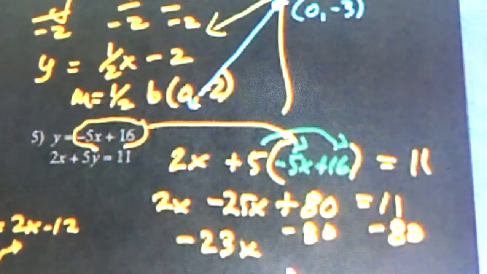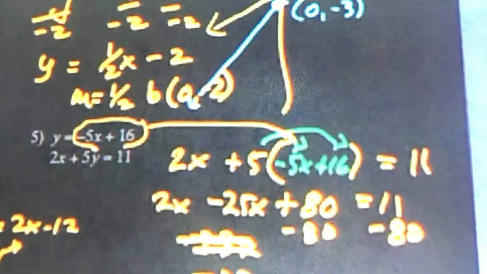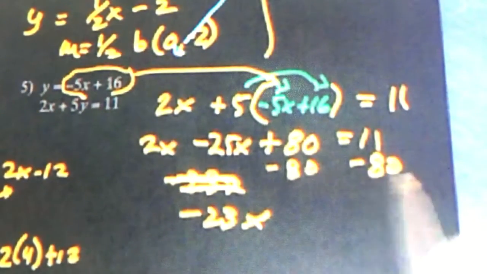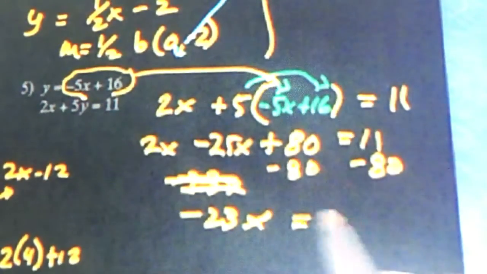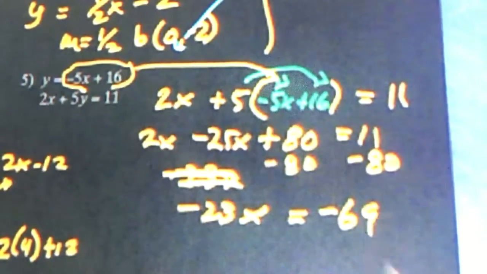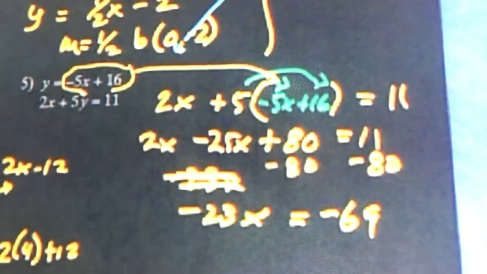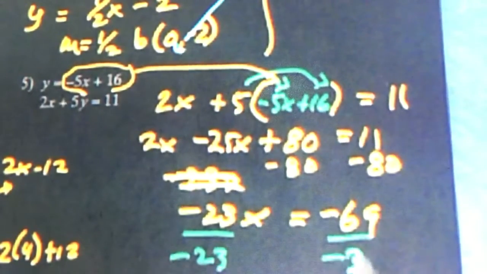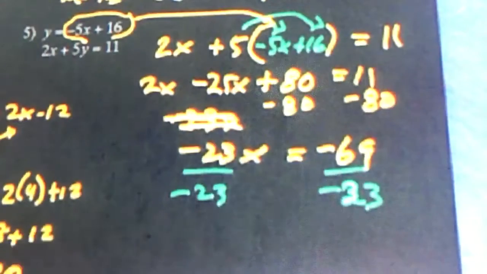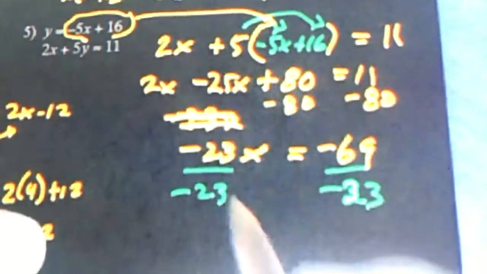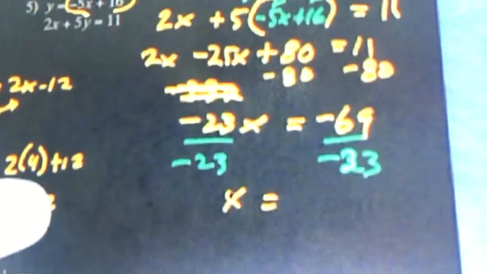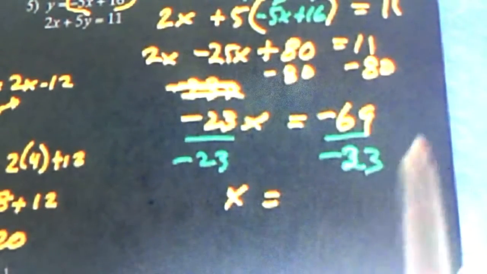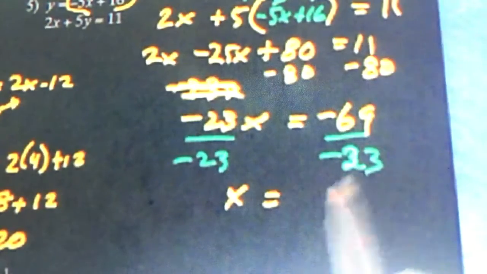And negative 23x is equal to, let's see here, minus 80, so we're going to have minus 69. And then when we divide by negative 23 on both sides, we end up with x equal to 69 over 23, and a negative divided by a negative is a positive, so we end up with 3.